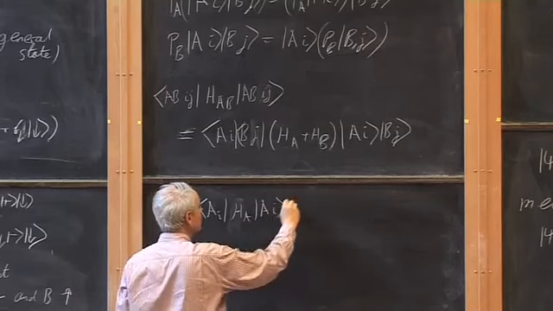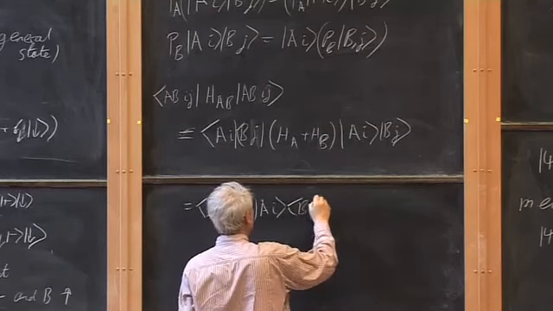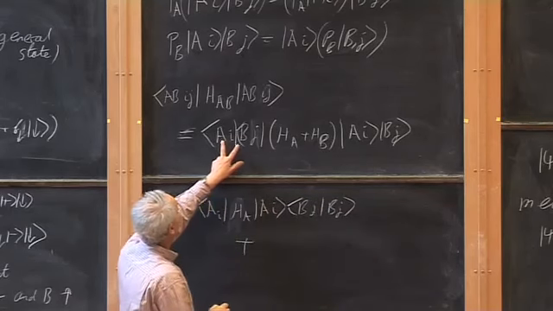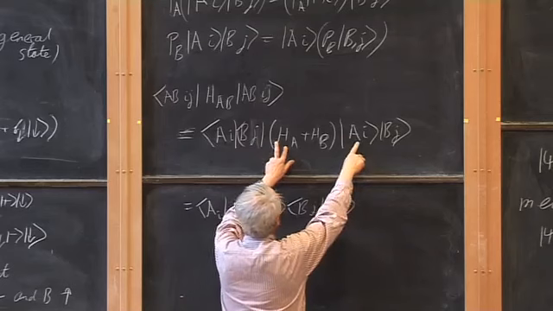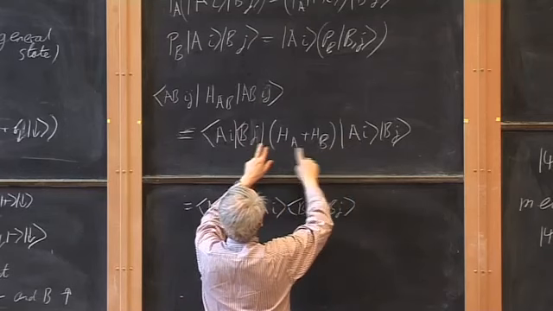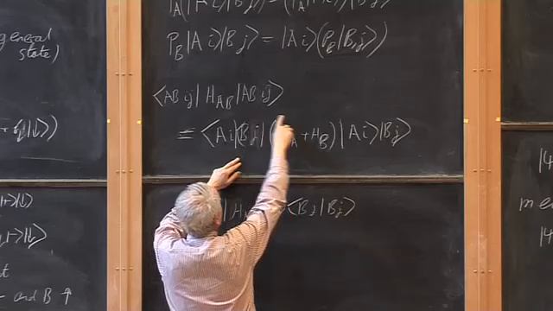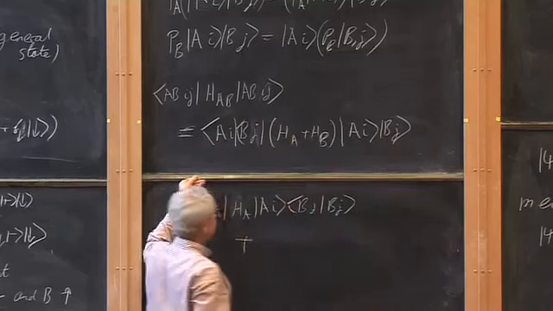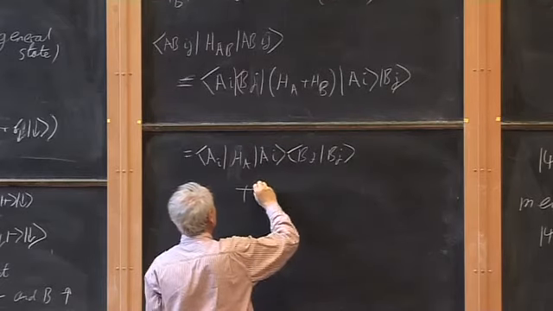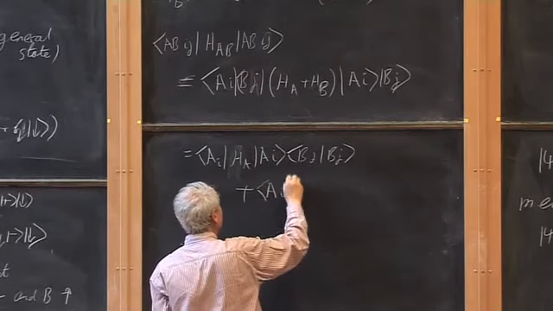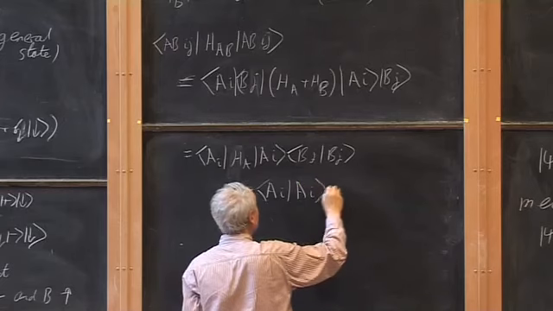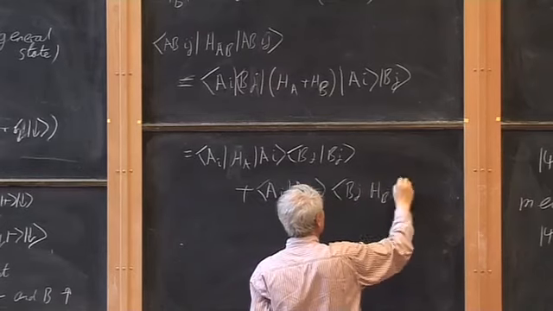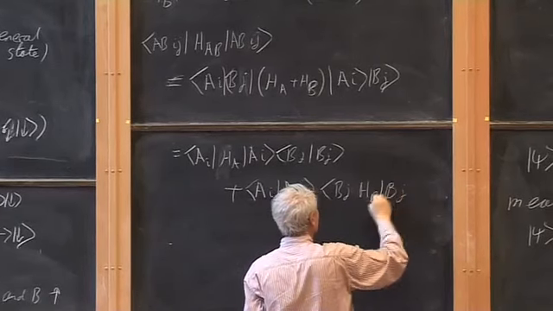A_i B_j plus, so that comes from this, and this, because that passes through this A operator as if this was just a number, bangs into that. Plus, correspondingly, we're going to have A_i B_j HB B_j.